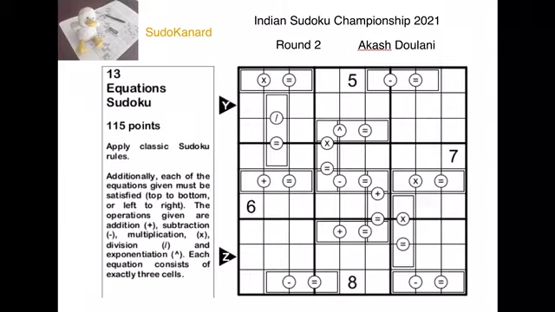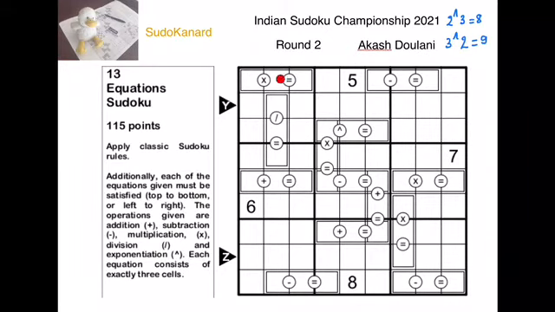And what you need to know about this kind of puzzle is that those operations are very restricted. The exponentiation can only be 2 to the power 3 equals 8, or 3 to the power 2 equals 9. You can try any other operation of this sort, and you will find that it's impossible.